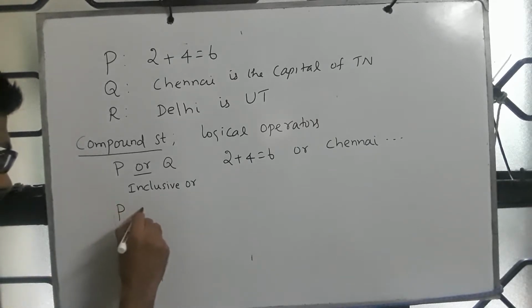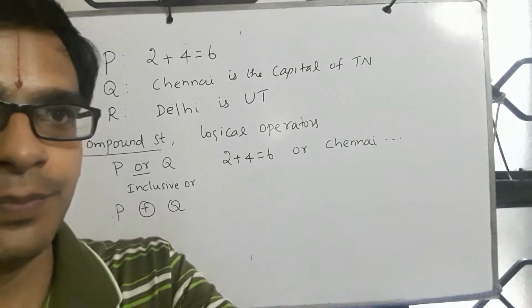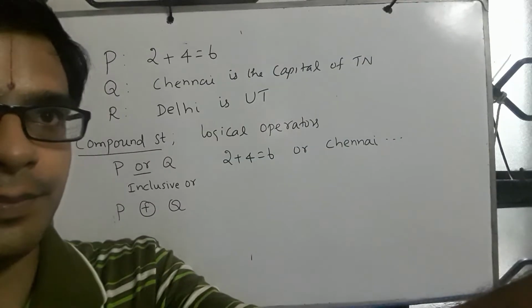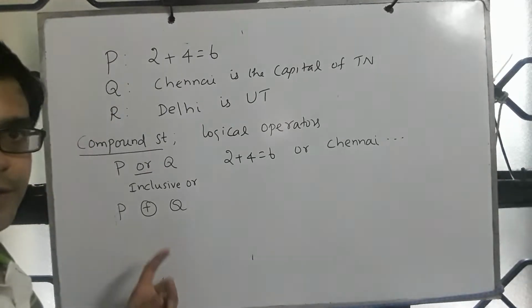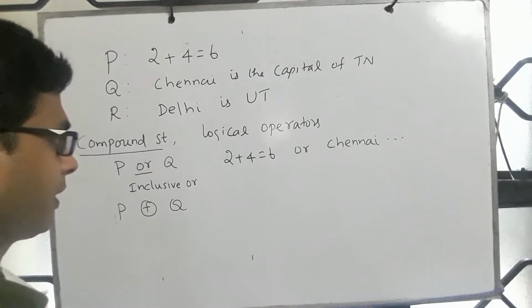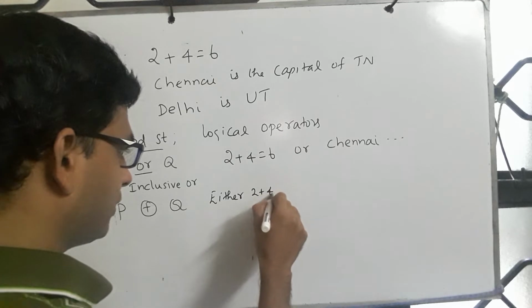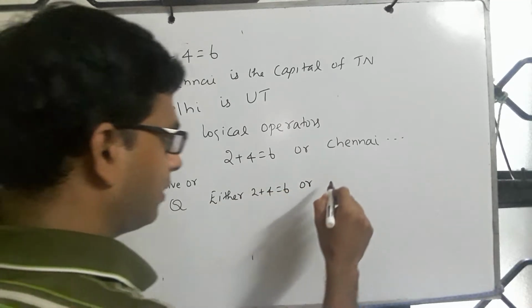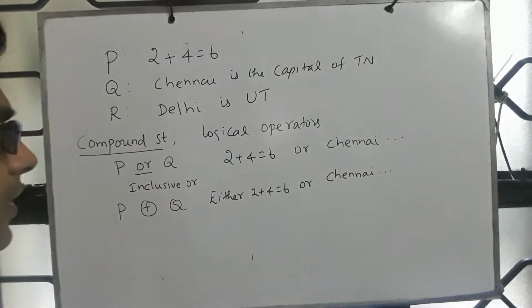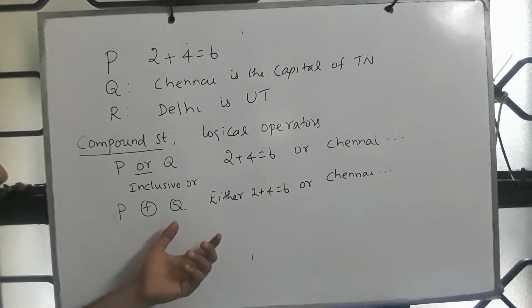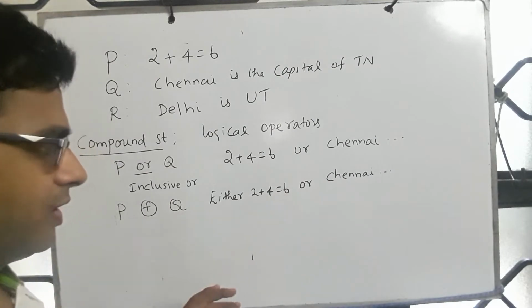Now this statement P exclusive or Q says either 2 plus 4 equals 6 or Chennai is the capital of TN, Tamil Nadu. So we are not interested in whether these two statements are related and so on.